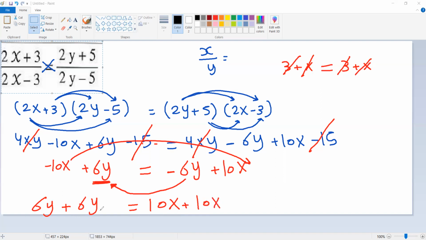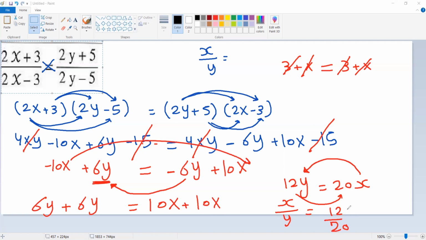So 6y plus 6y is 12y equals 10x plus 10x, it's 20x. I want to get x over y, so x over y equals 12 over 20. And simplify, divided by 4, 3 over 5. So x over y is equal to 3 over 5.